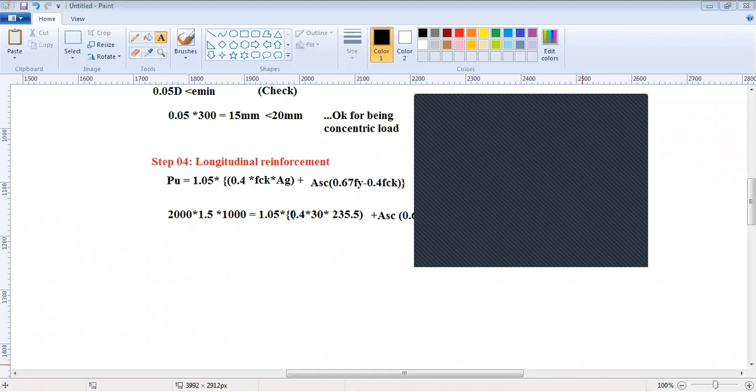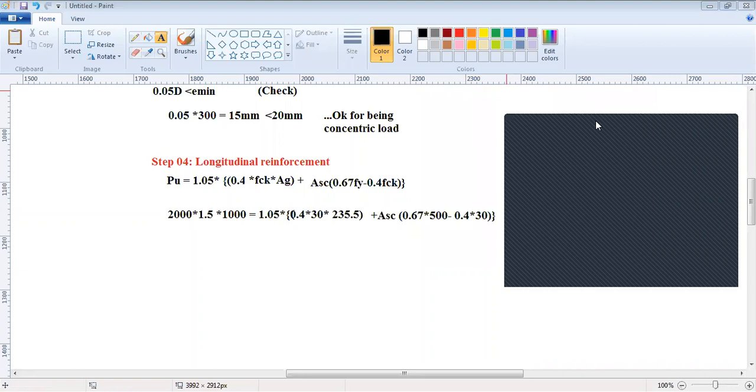That would be 3,000,000 equal to 1.05 times the bracket. 0.67 into 500, that's 335.